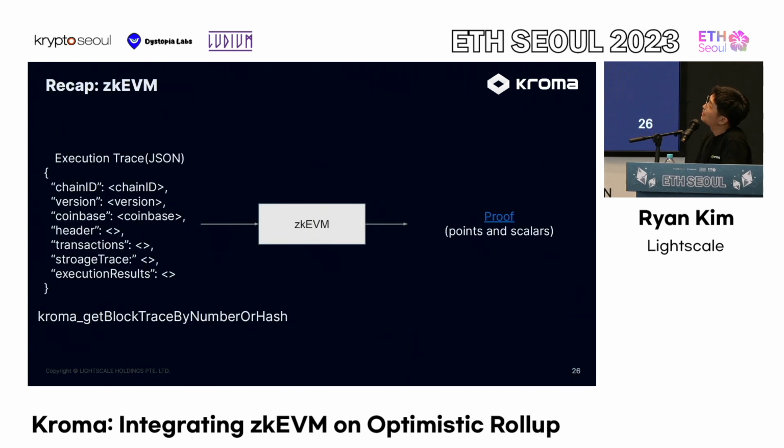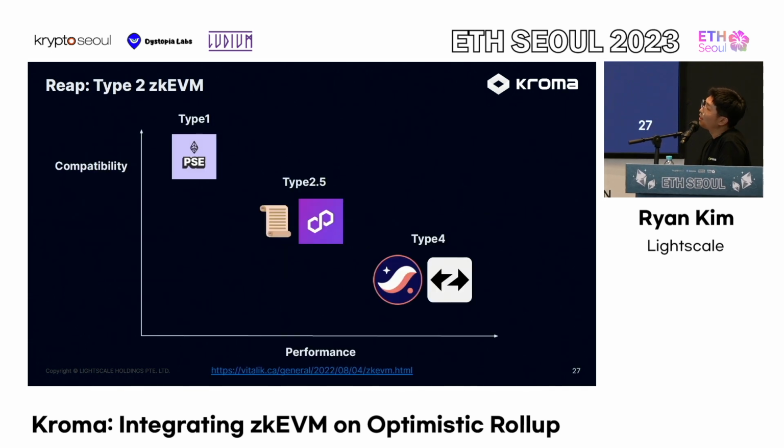zkEVM is a very complex program, even for me, but if you take a very simple look at it, it's a program that produces a proof based on an input called the execution trace. zkEVM introduced the concept called type, and our zkEVM is based on Scroll, which is type 2.5, targeting EVM equivalence.